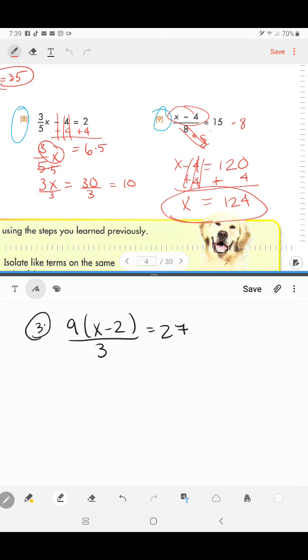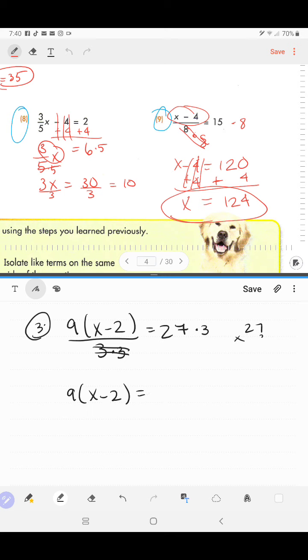So if you follow the steps, it's actually pretty similar. The steps were to multiply the bottom to eliminate it, and then 9 parentheses x minus 2 equals 27 times 3. 3 times 7 is 21. 3 times 2 is 6. Plus 2 is 8, so 81.